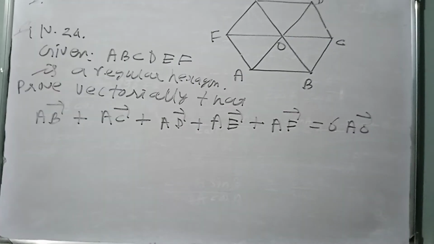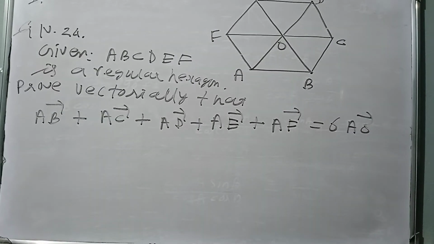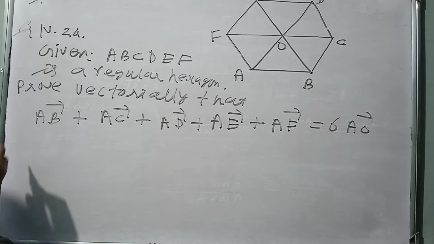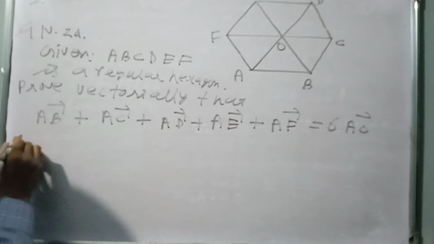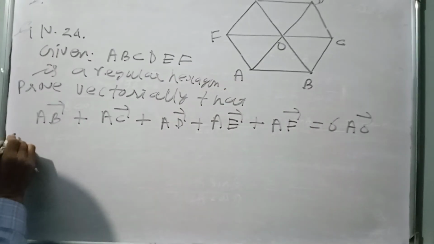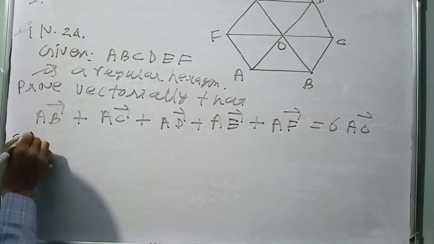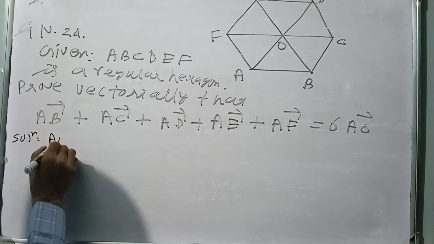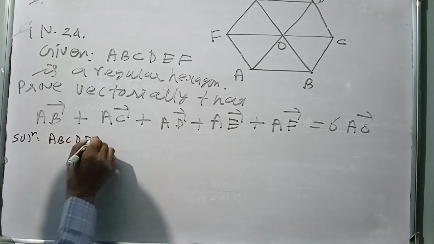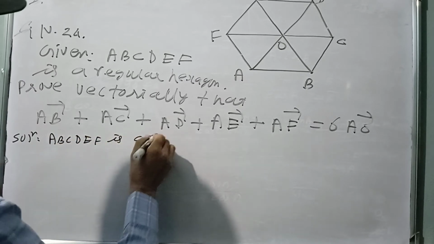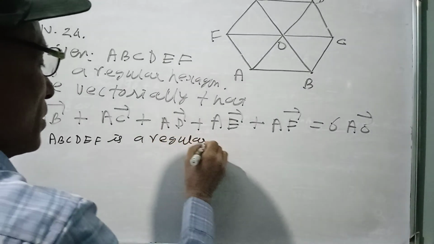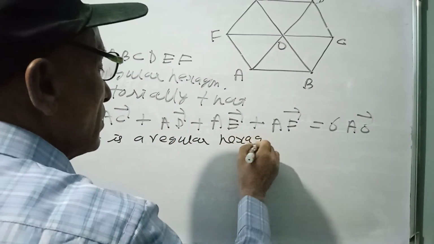See, how to prove? Think. This is the given condition, so this is the given question, and the solution of this: ABCDEF is a regular hexagon.